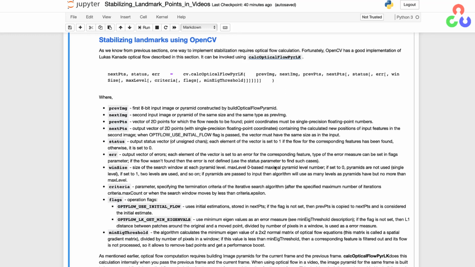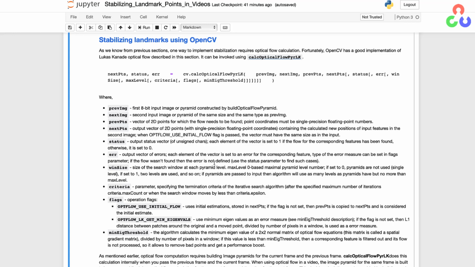Now let's see how this is done in code. We will need Lucas-Kanade optical flow, which is implemented in OpenCV, to perform this operation. This is the function calcOpticalFlowPyrLK that implements Lucas-Kanade optical flow in OpenCV. What does it mean? Here, calcOpticalFlow is calculate optical flow. PyR stands for pyramid and LK stands for Lucas-Kanade.